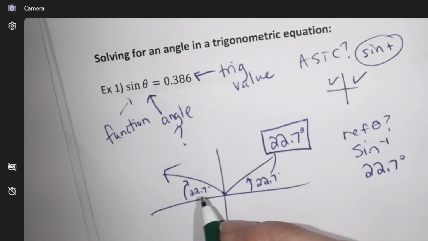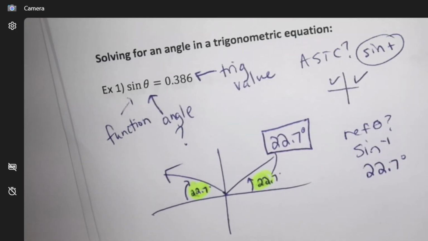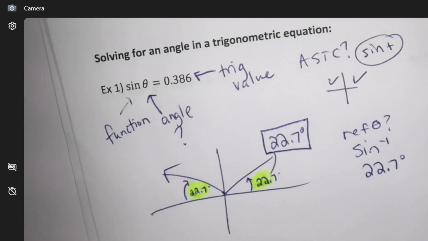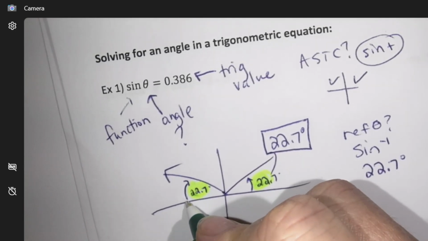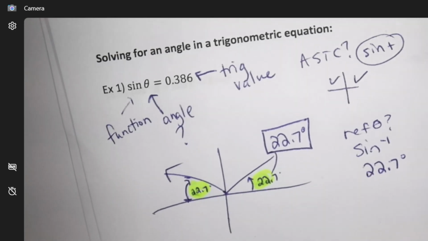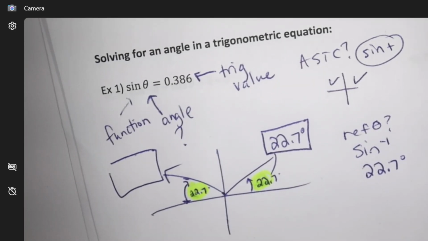This is, again, just the reference. It's the space, just the space of that little spot. So if there's 22.7 degrees between here and here, what is this location?